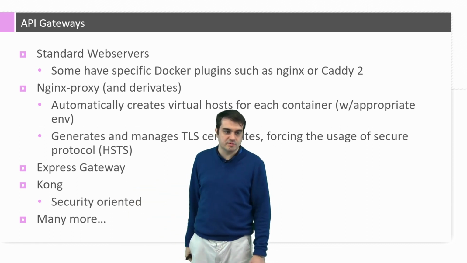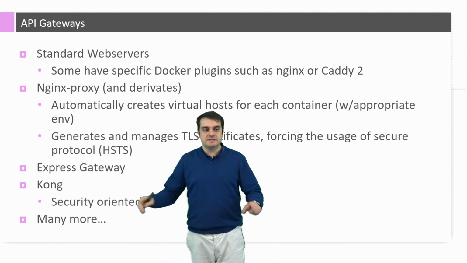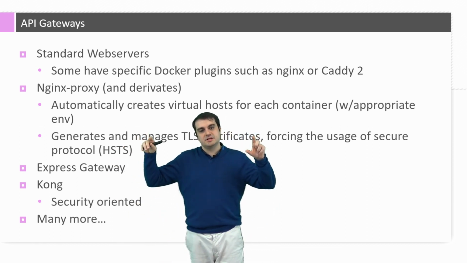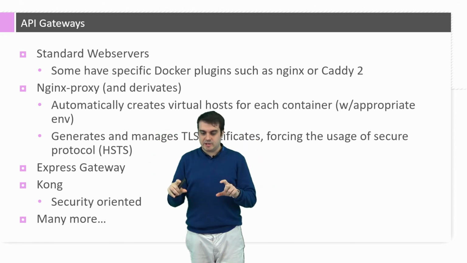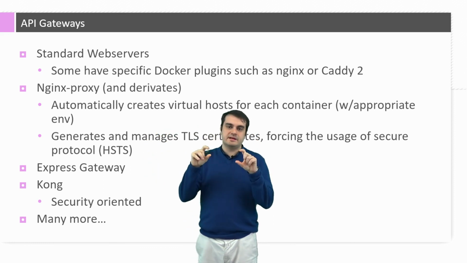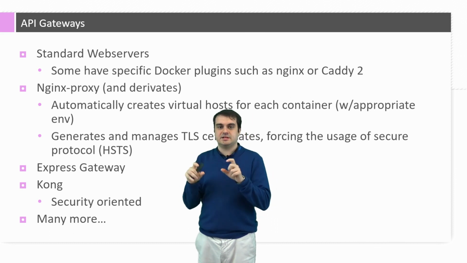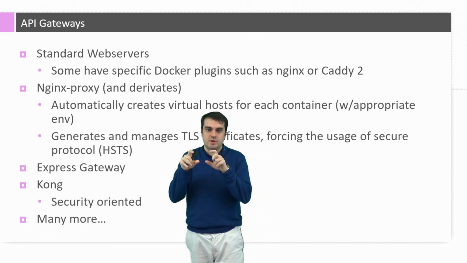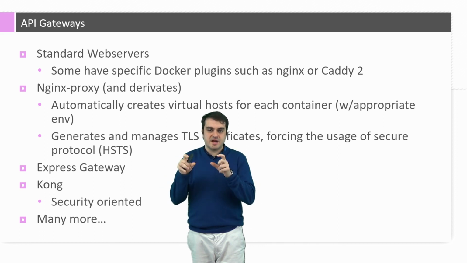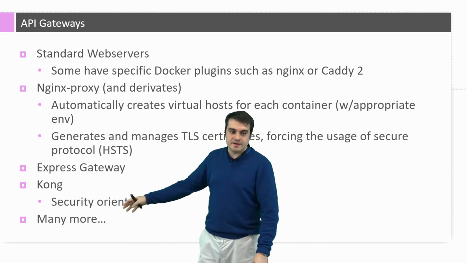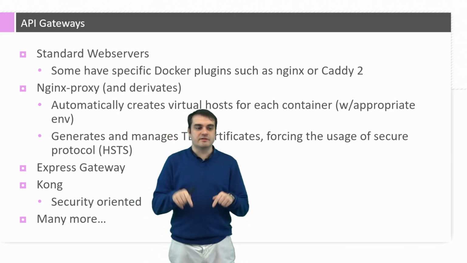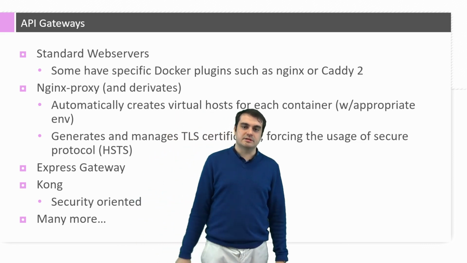In the case of Kong, it's more security oriented, but in these cases what we have is environments that allow us to select in a very fine-grained way the APIs, the paths, and the virtual hosts that we want the API gateway to respond to. There are, of course, many more, and you can find the link down to an article that lists them.